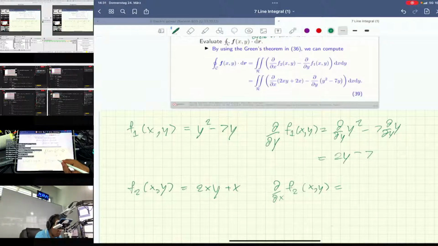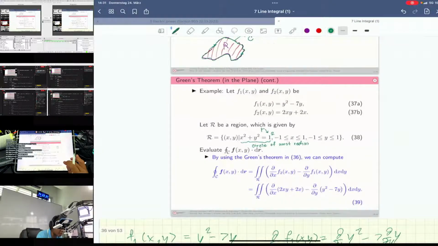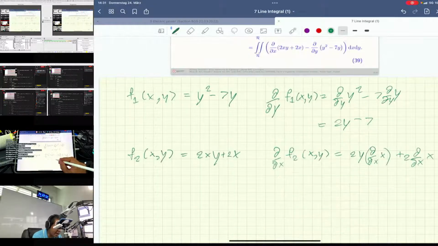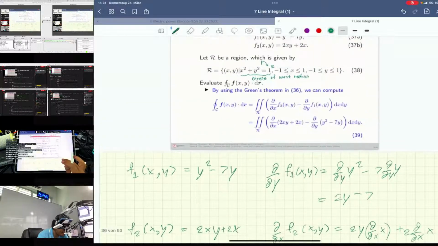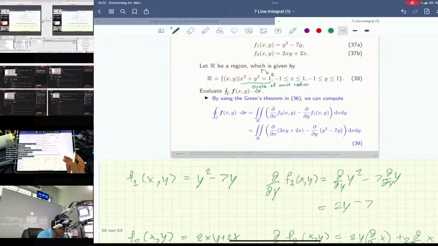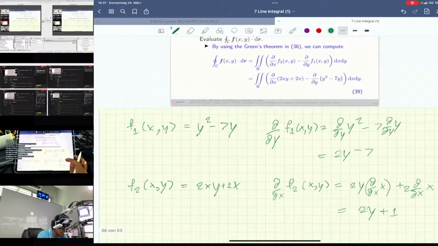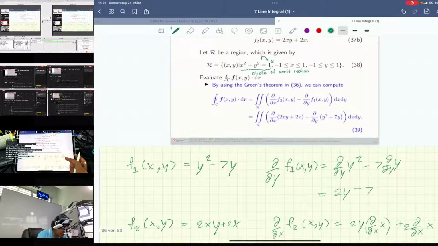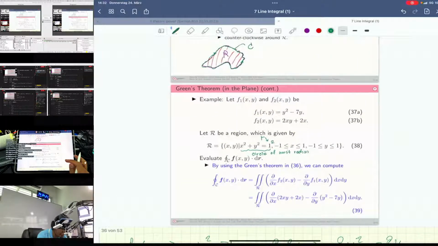Of course, it will be 2y plus 2, right? The partial derivative with respect to x of 2xy plus 2x, so we have 2y plus 2.